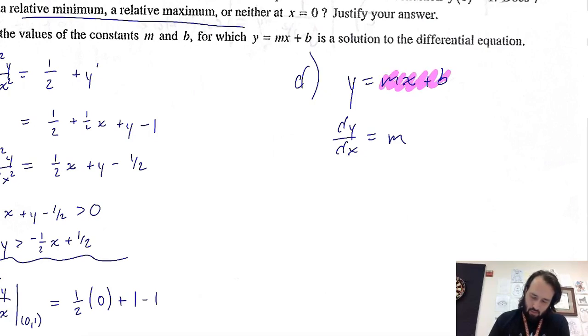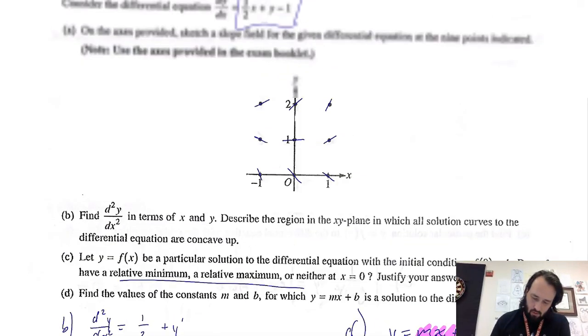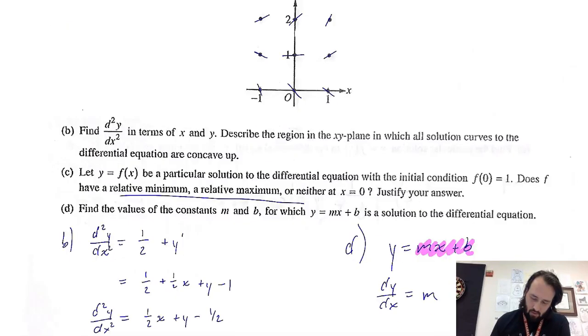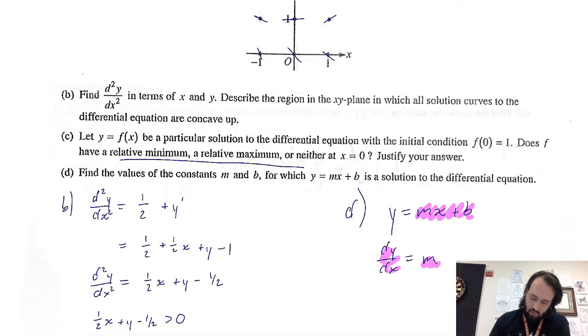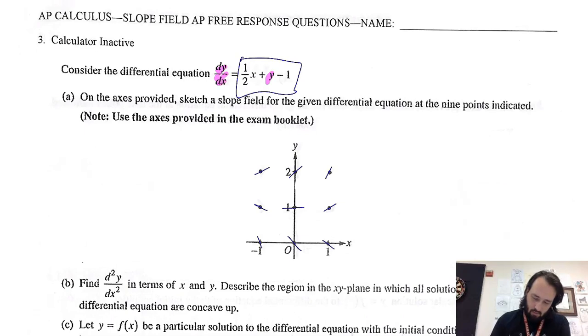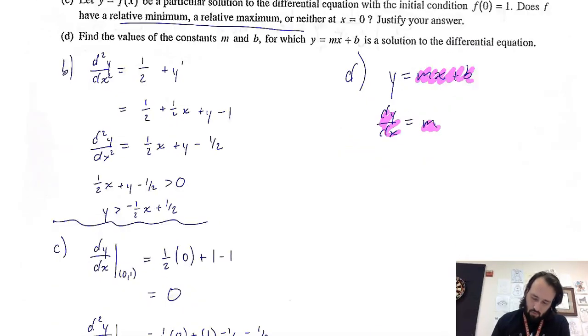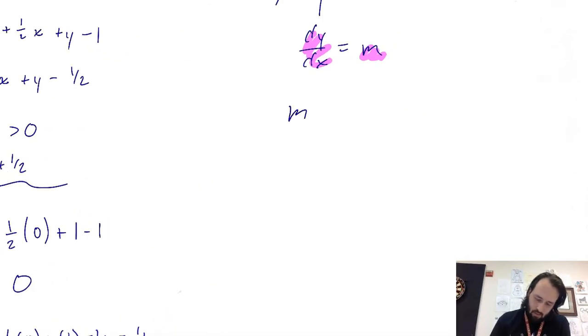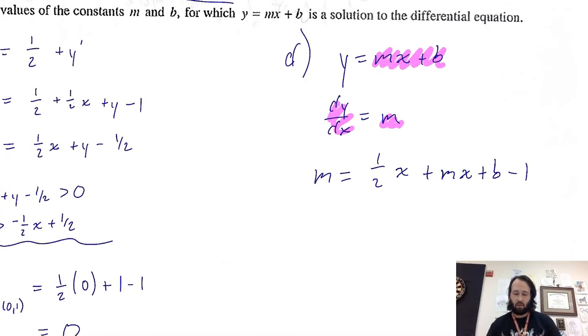If y is mx plus b, the derivative is m, so I can rewrite this as m equals 1/2 x plus mx plus b minus 1. So that gets me to that portion.